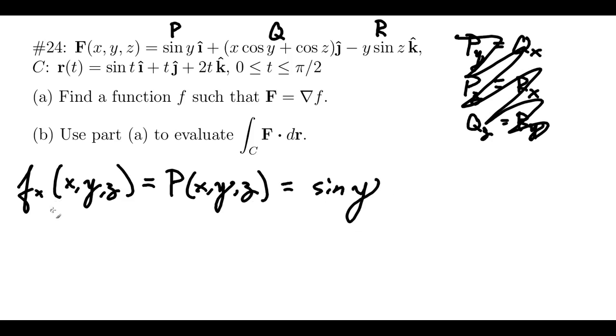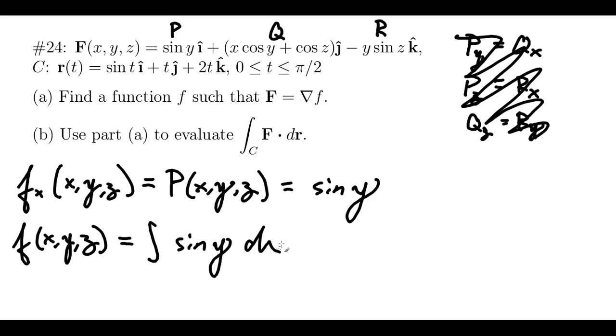All right? So if that is the partial by x, that means that f itself should be an antiderivative of p, which equals sine y, with respect to x. So we have this partial integral here. Sine y is constant, so that antiderivative actually is x sine y.